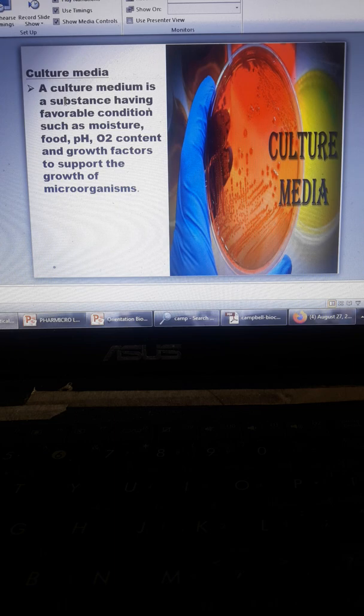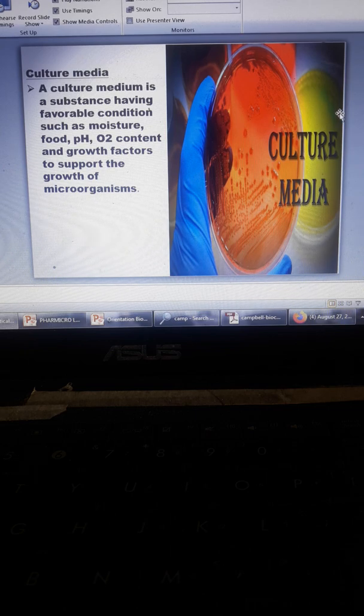For example, if the pH is below 6, or an acidic environment, they are called acidophiles. There are also mesophiles. We will discuss that later. Based on pH, bacteria will survive in a specific pH. Right? Oxygen content too. Okay? So, this is what we call culture media.